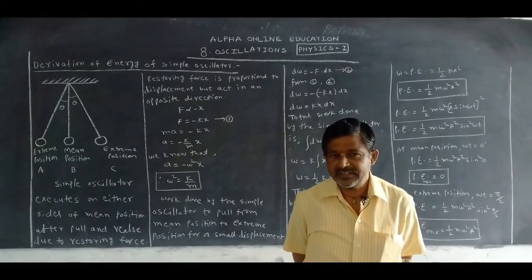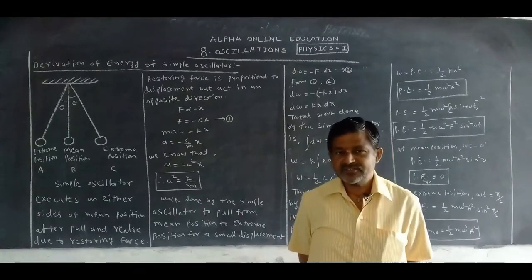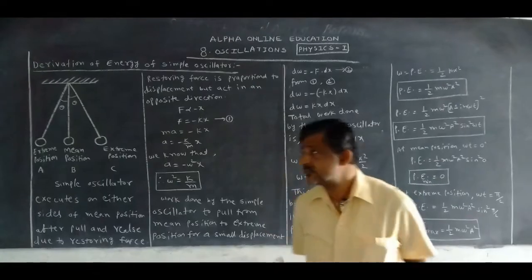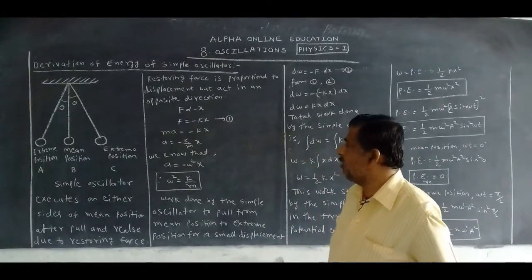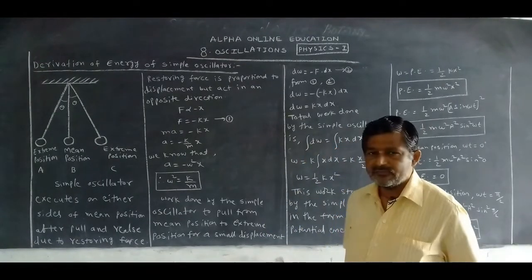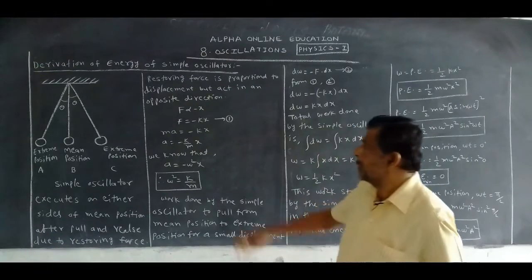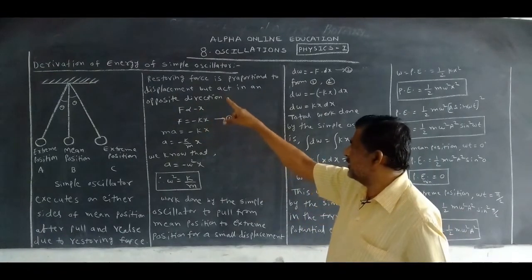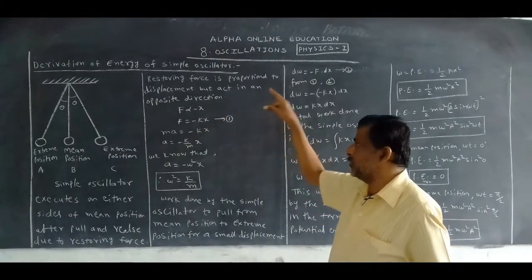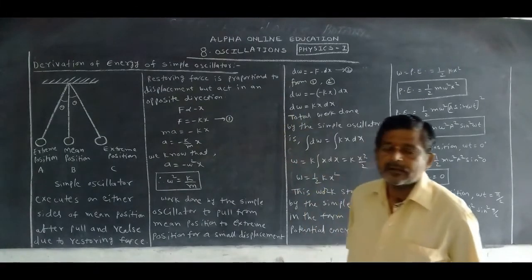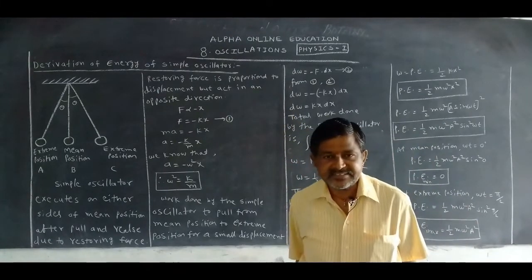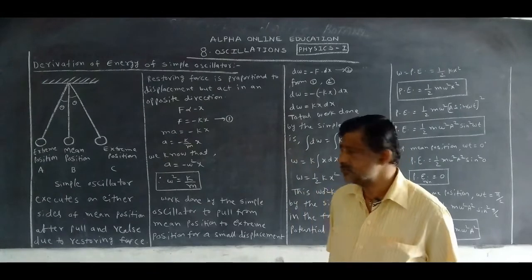Now the third and last 8 marks question in this chapter is the derivation of energy of a simple oscillator. How can we get this in the examination for 8 marks?